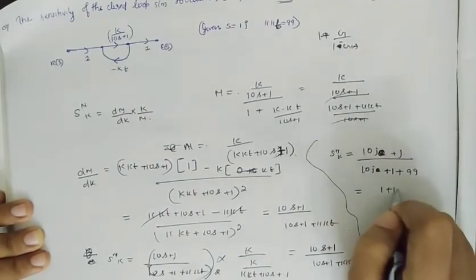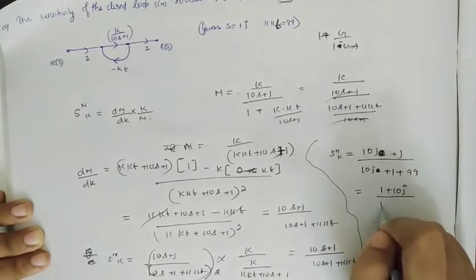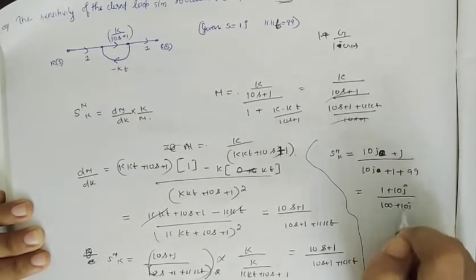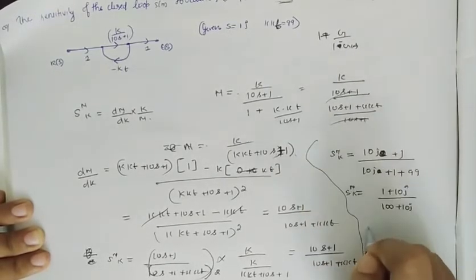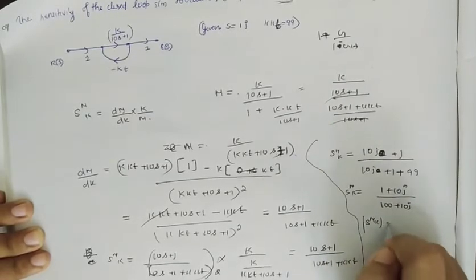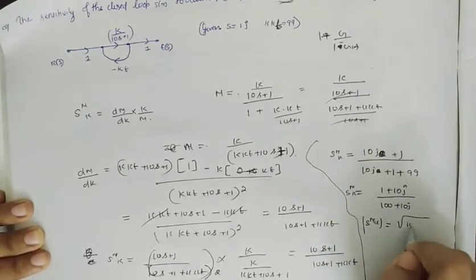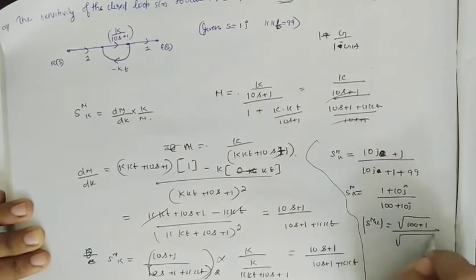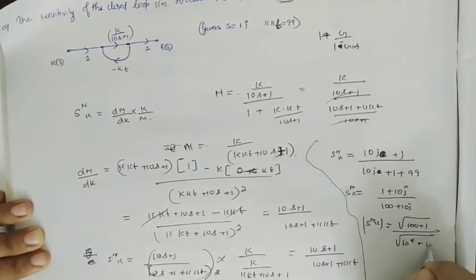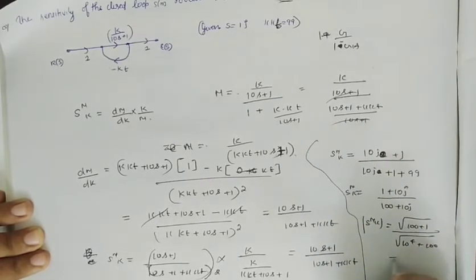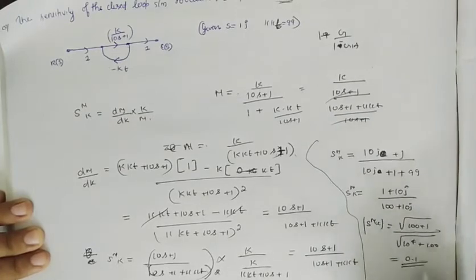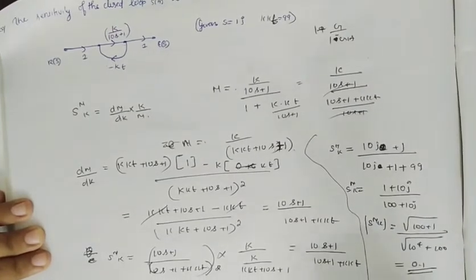So we'll get (1 + 10j) divided by (100 + 10j), and we'll find out the modulus. That is the square root of (100 + 1) divided by (10^4 + 100), and we'll get the answer equal to 0.1. Okay, so that is the sensitivity.